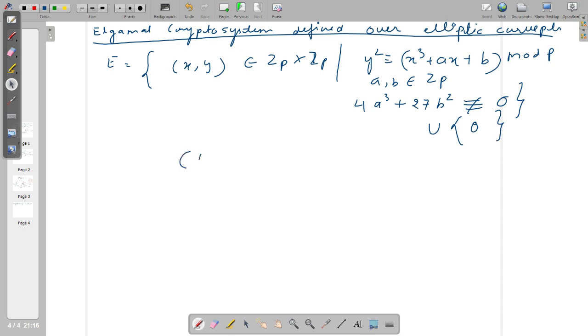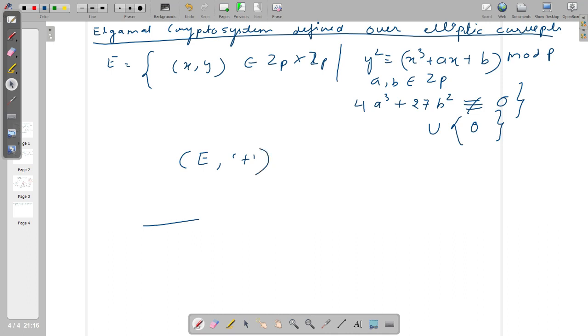And now we see that this elliptic curve under the operation plus is a group. This we have already proved in previous videos, that this elliptic curve E under the operation plus is a group.